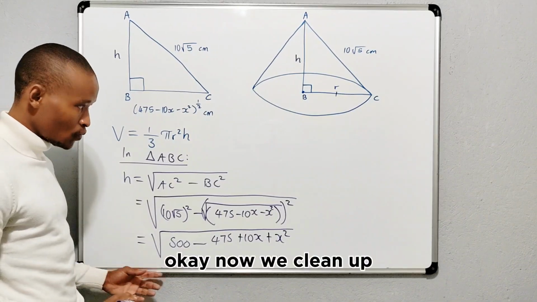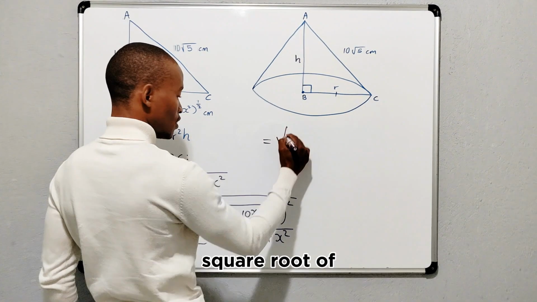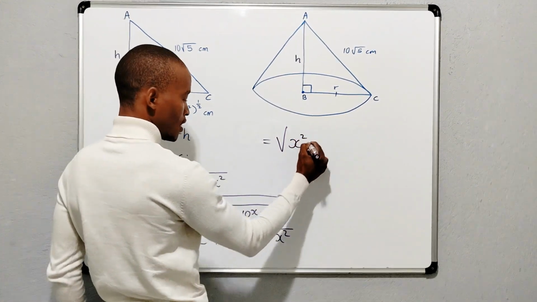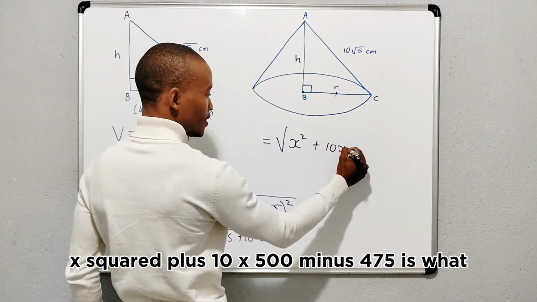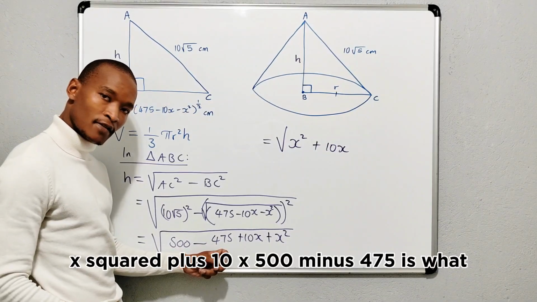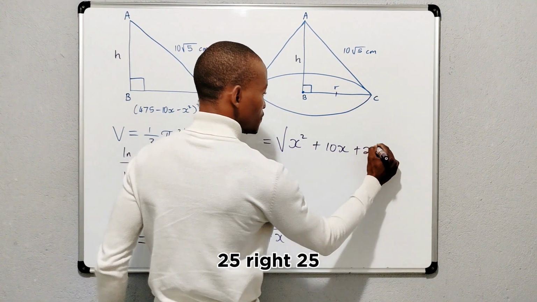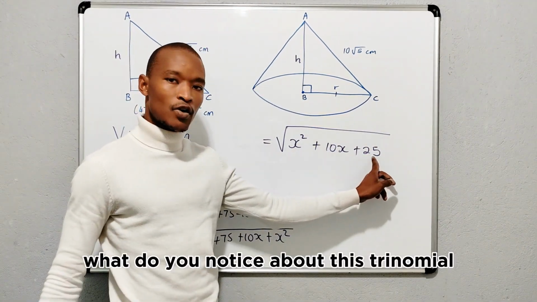Okay, now we clean up. What do we have now? Square root of, let's write it in standard format, your leading term first, x squared plus 10x. 500 minus 475 is what? 25, right? Okay, what do you notice about this trinomial?